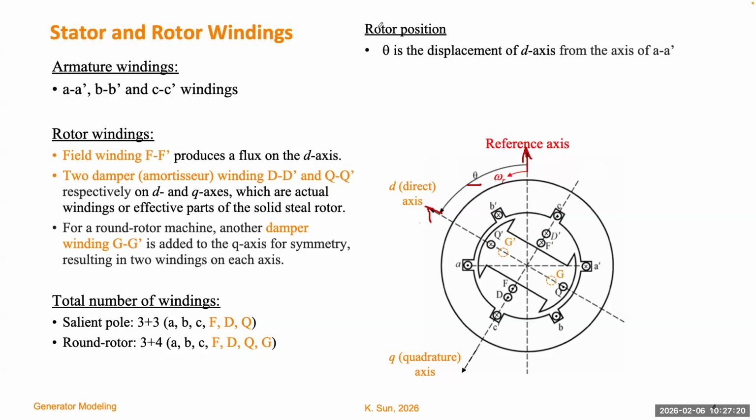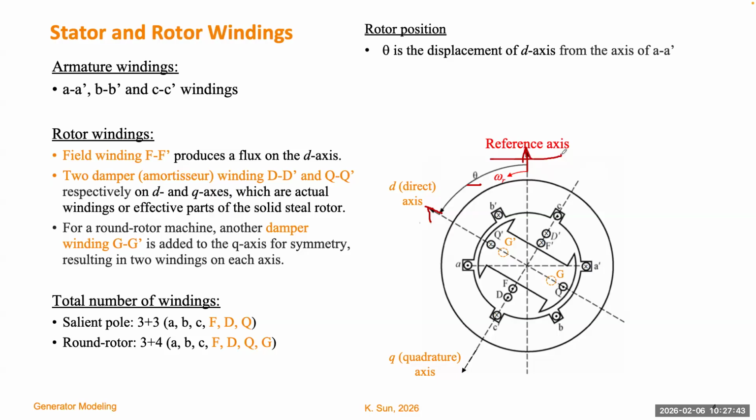Okay, but that's not very convenient, because when we have many generators to model, we don't really know which direction each winding A is facing inside each generator. So it will be more convenient for the entire system if we define a common reference axis. This common reference axis could be pointing in any direction. It doesn't really matter.